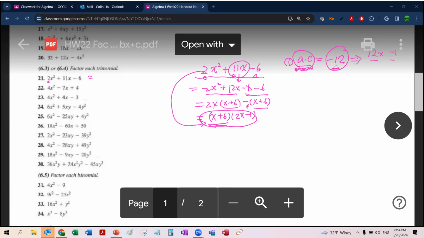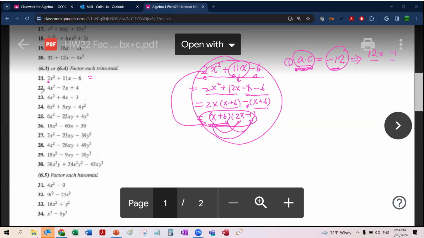It's a little bit challenging. Just double check to make sure they are correct. So again, 2x squared, negative 1x, 12x, 11x, and negative 6, right? So you know how to do this one, right? Now, how to factor this part.